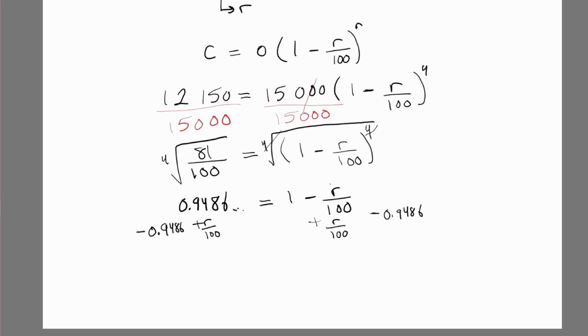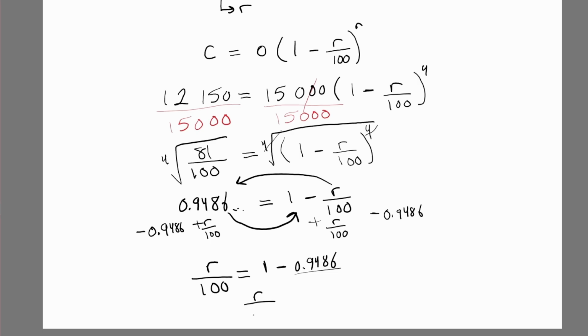So it's basically like this R goes to this side and this 0.9486 goes to the other side. So on the left-hand side, we have R over 100 now, and it's positive. And on the right-hand side, we have 1 minus 0.9486. Now you can plug that on the calculator and use the accurate value for the 0.9486.